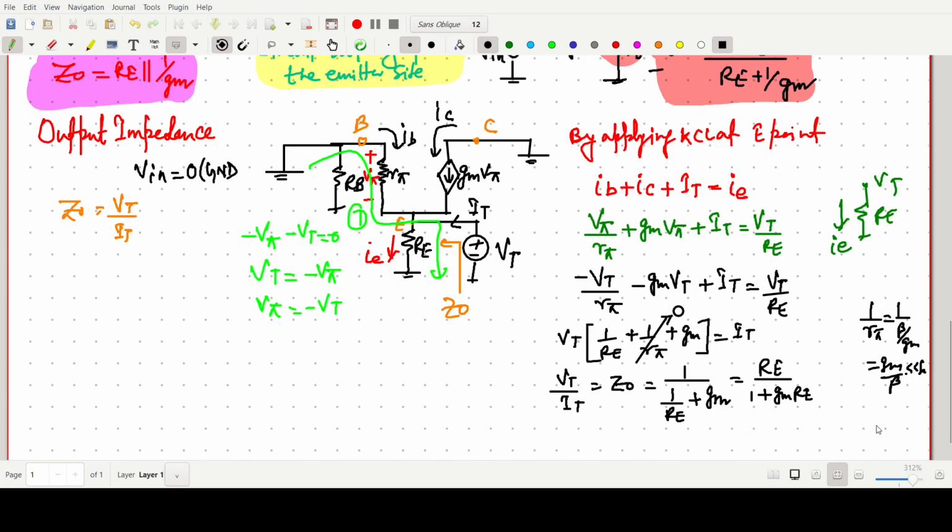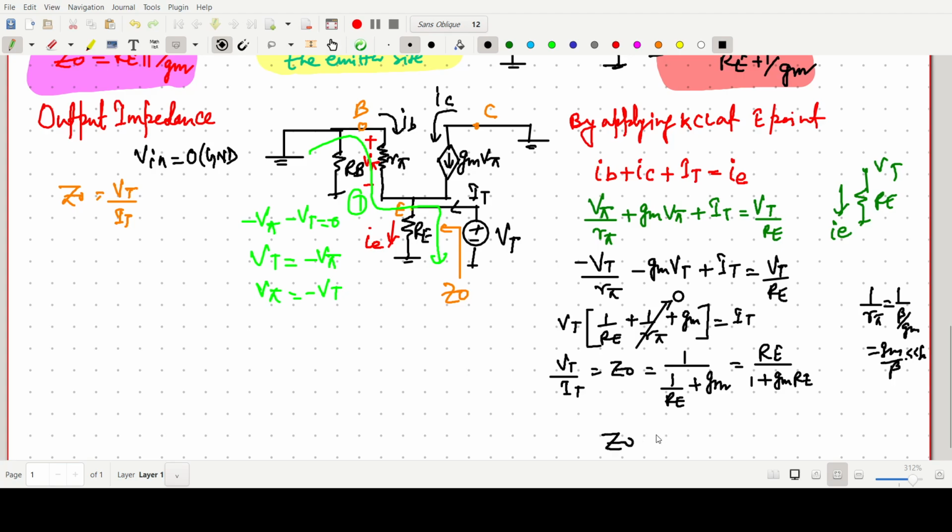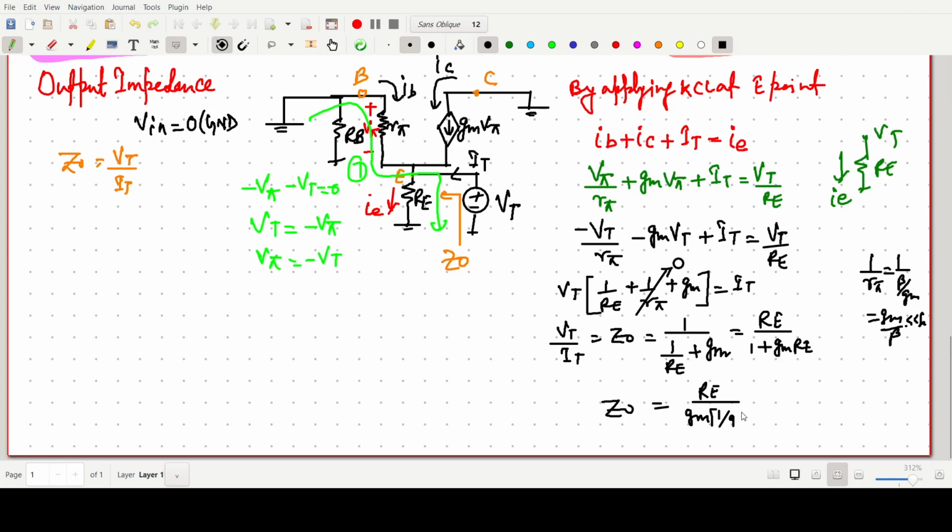One more line we can write: if we take gm common, Z naught is 1 by gm plus Re, written as Re into 1 by gm, over Re plus 1 by gm.